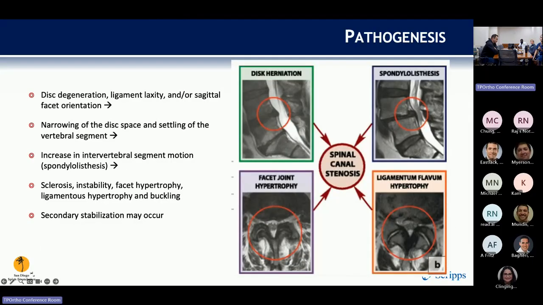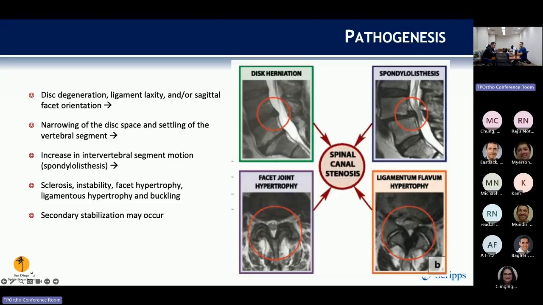And then kind of just a brief framework and overview of the pathogenesis of the disease. So first, there's this degeneration with overall ligamentous laxity, possibly sagittally oriented facets, which we'll talk a little bit more about later, which then can subsequently lead to narrowing of the disc space with settling of the vertebral segment.